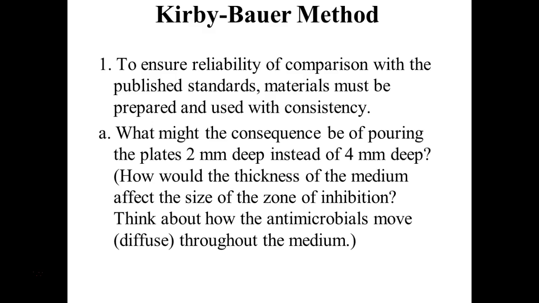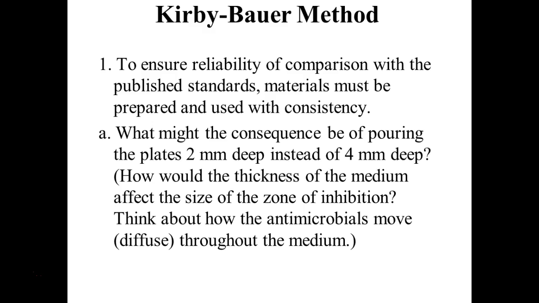If you were actually to measure those plates, and I poured them for you guys, remember I showed you the tube that I poured it from? It was a measured amount of media. We use a measured amount for this test of 25 milliliters, which will give us the 4 millimeter deep agar for this test. And that's important for this particular test.